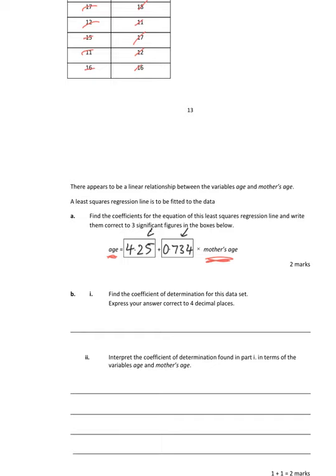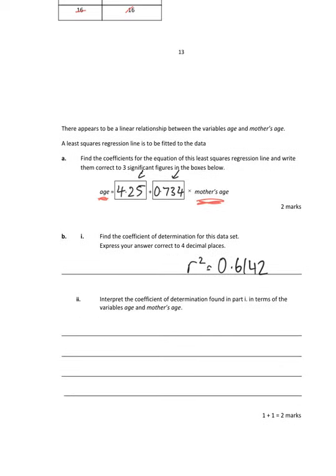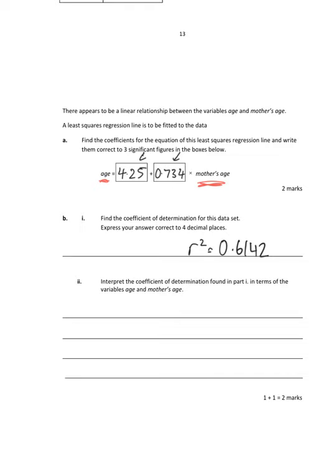So, to 4 decimal places, the coefficient of determination is 0.6142. Cool.